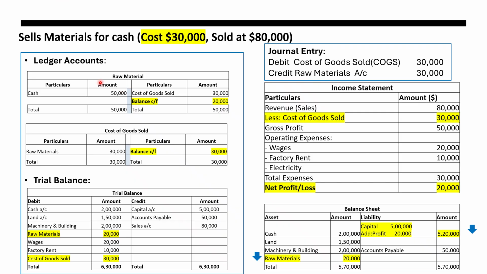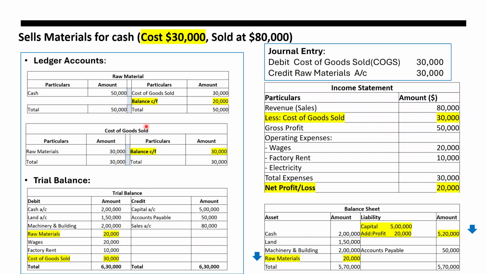Coming to ledger accounts, raw material account already has the initial entry when the raw material was purchased for 50,000. Now from that 30,000 has been sold, so the account has a debit balance of 20,000. Debit side is more than the credit side, so debit balance of 20,000.